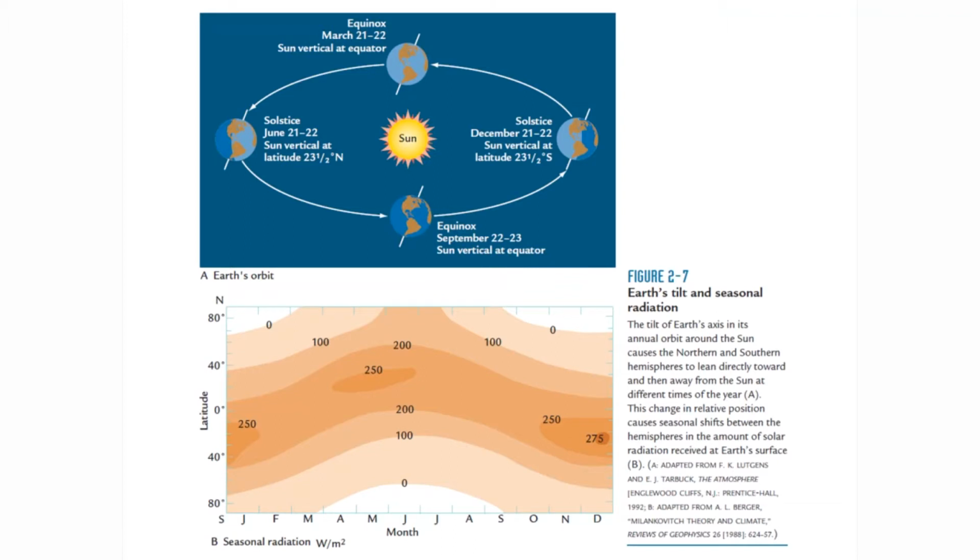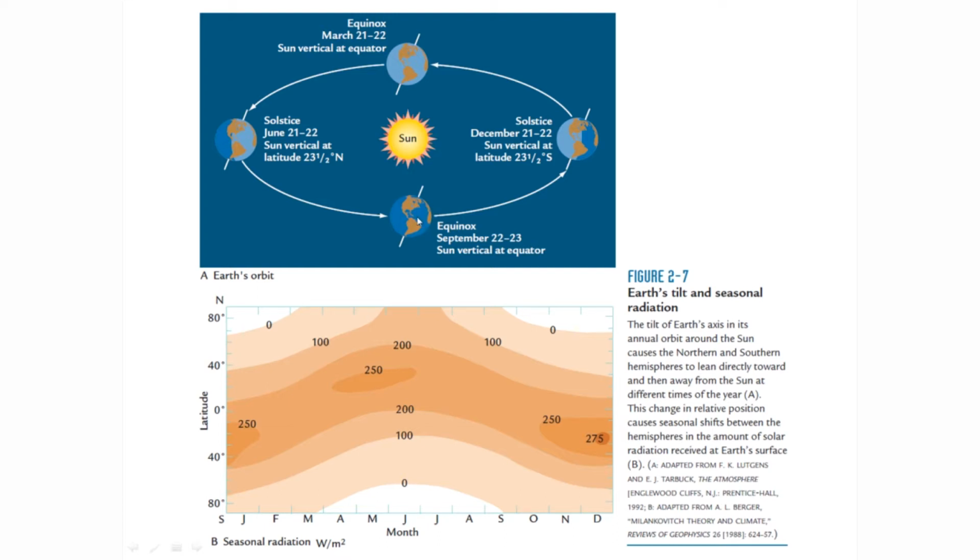So you probably are already aware that as the Earth goes around in the orbital plane around the Sun, it's an elliptic orbit. It is tilted to the plane at 23.5 degrees, as I said, at the current time. And we know that there is aphelion and perihelion, the closest distance to the Sun and the farthest distance from the Sun, and so on. And the Earth is pointing in the same direction. So as it goes around, one hemisphere points towards the Sun. Here the northern hemisphere is pointing towards the Sun during boreal summer solstice, or the northern hemisphere summer solstice, and you go through an equinox where the Sun is on the equator.